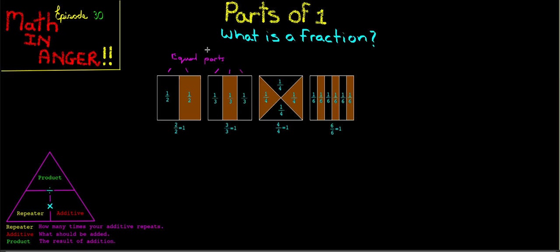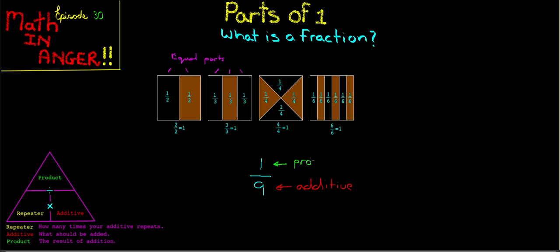So when I write something like this for you, what it means is I've got one part of something that was broken into 9 parts equally. Let me do this. So here you have your additive, and over here you have your product.